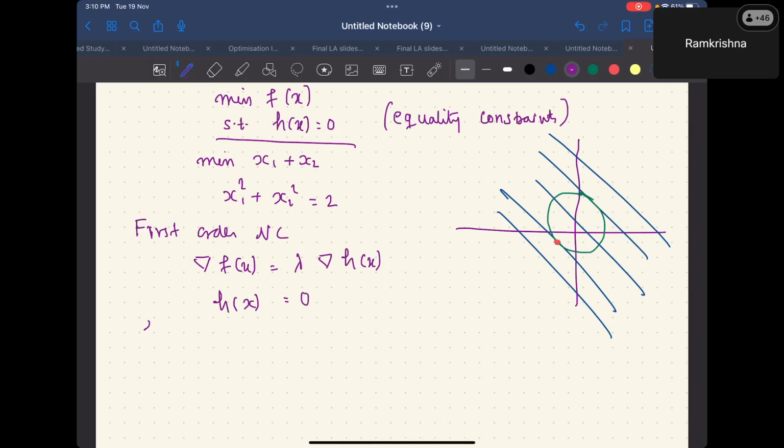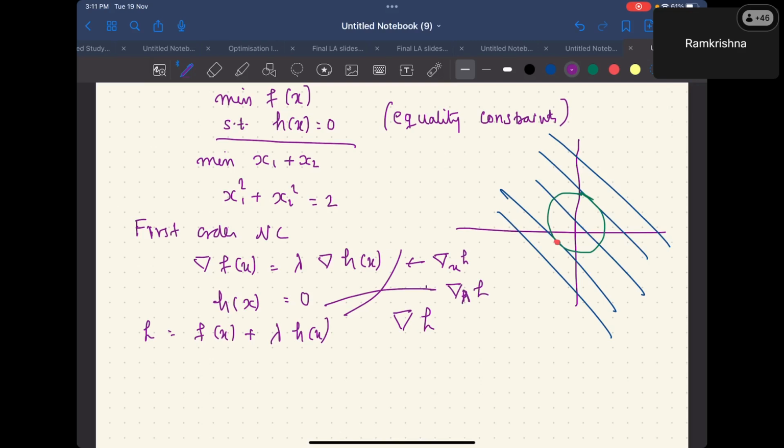Or I can look at the Lagrangian as f of x plus lambda h of x, where I compute the gradient of L to be 0. So this turns out to be the gradient of L with respect to x, and the second condition the gradient of L with respect to lambda.